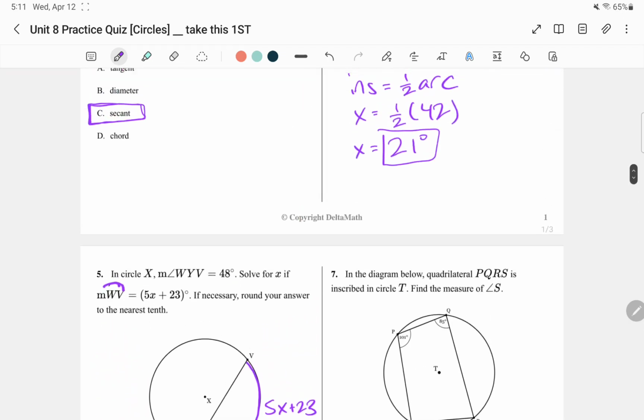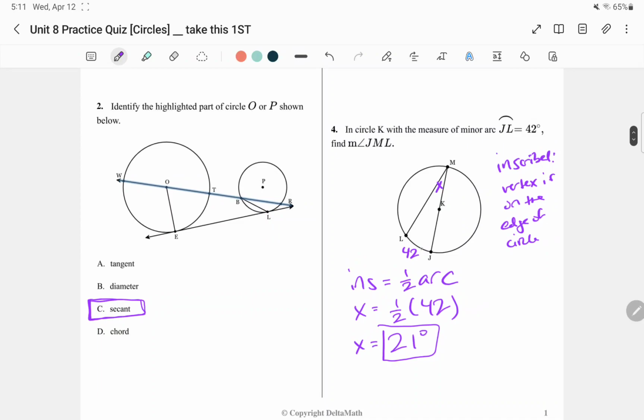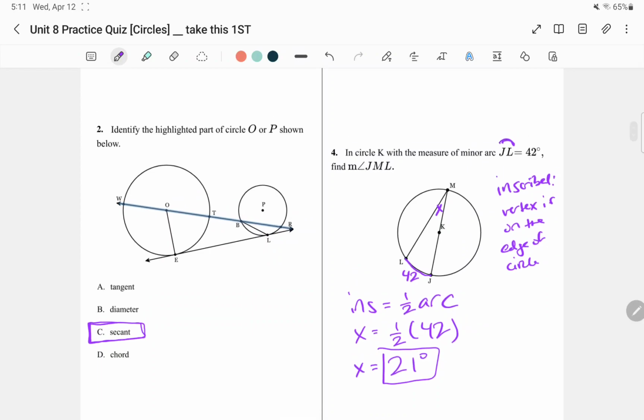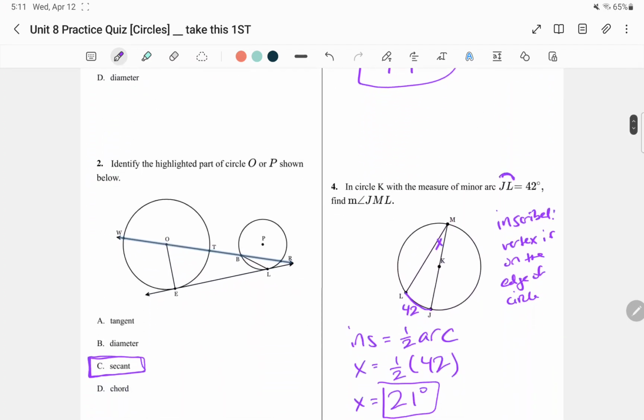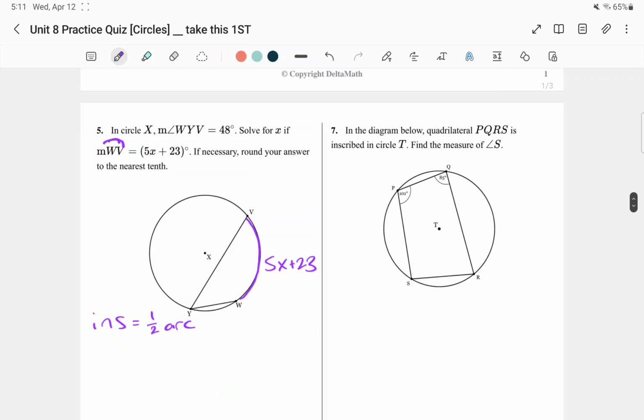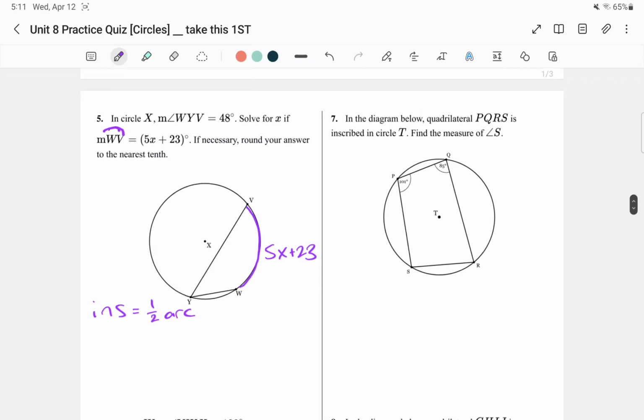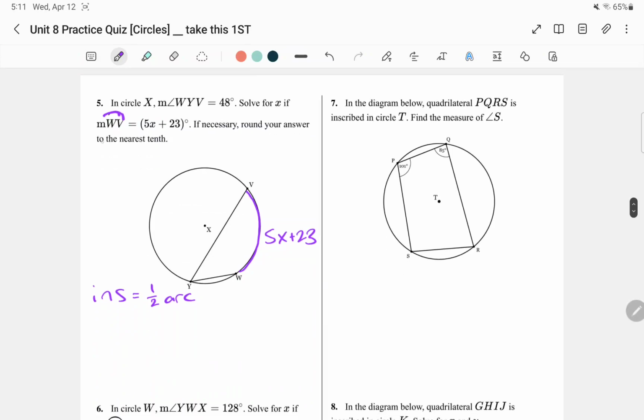Let me go back and just show you. That's how I knew this was 42, because of that swoop right here, okay? This one, since they're equal, doesn't matter, but these, you make sure you label it correctly. So since the measure of arc WV is 5x plus 23 degrees, and then our angle WYV is 48.